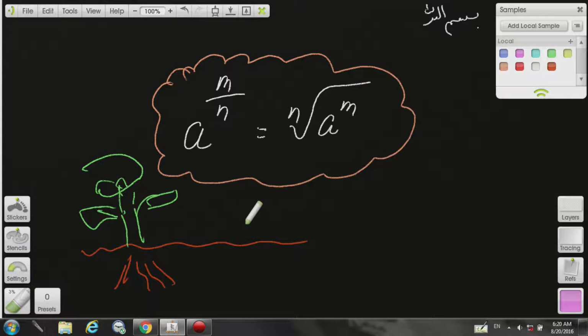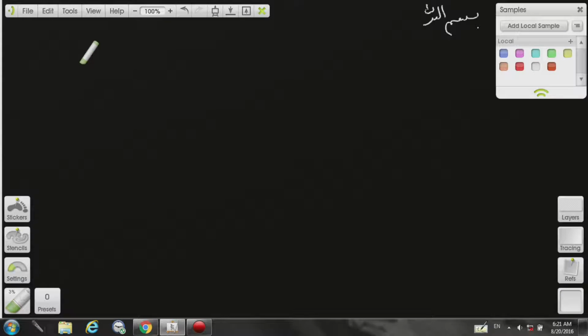So if you have a fraction like m over n, this is the root, the nth root, and the m just stays on the top. So a to the m over n is the nth root of a to the m. What does that mean?